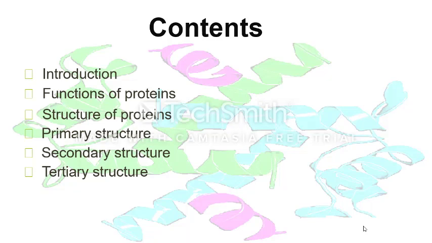Then we will see in detail first the primary structure and then the secondary, and finally we will discuss tertiary structures, and then a few references mentioned at the end of this lecture and a few assignments.